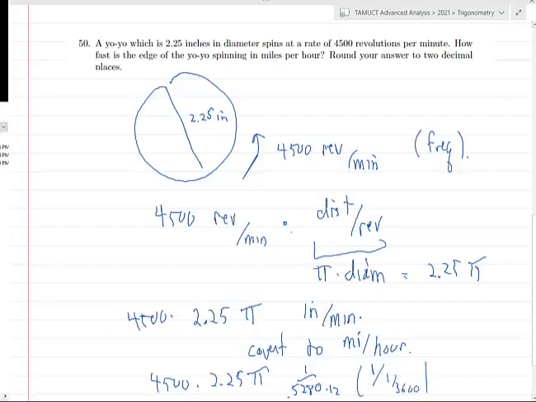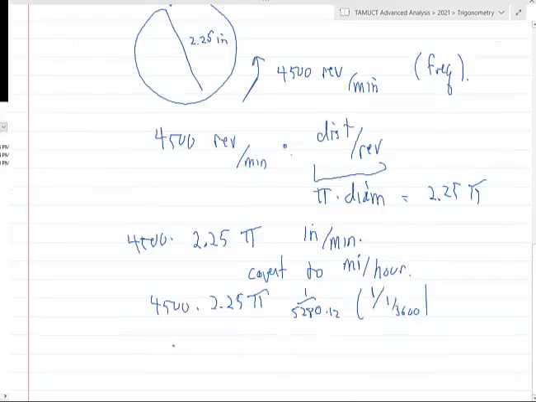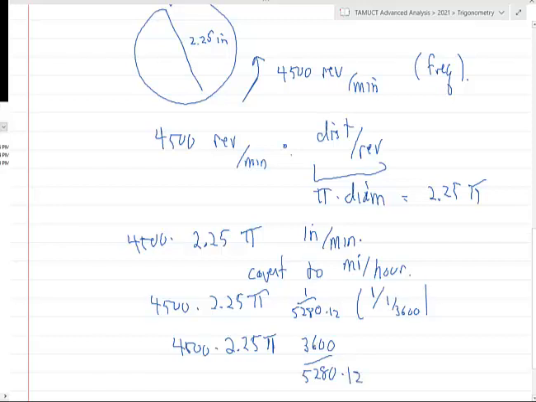So what you're going to get here is 4,500 times 2.25 times pi, times 60 divided by 5,280 times 12. Now you can do some other things, like cancel factors. At this point you can use a calculator. So this is in miles per hour.